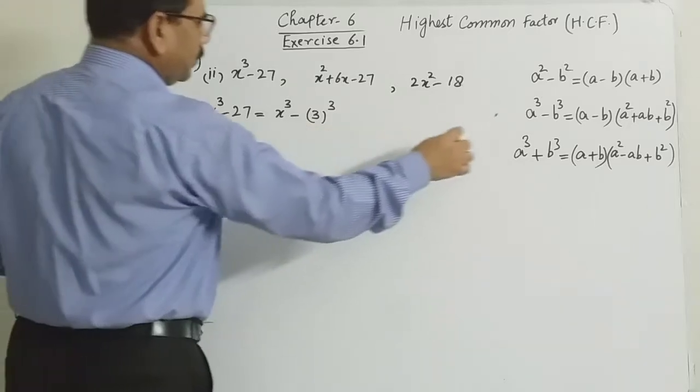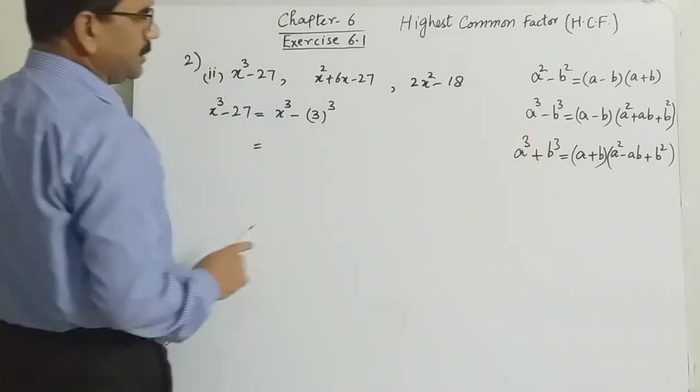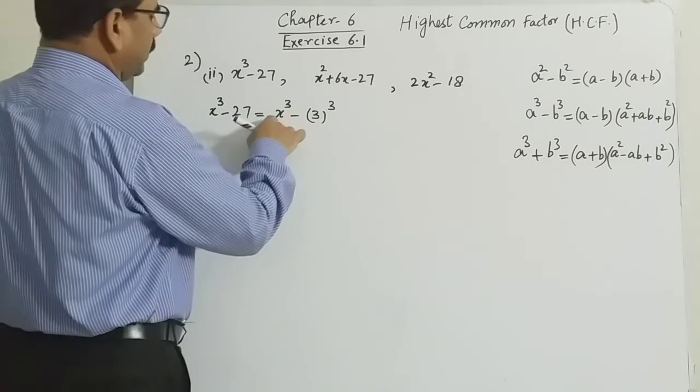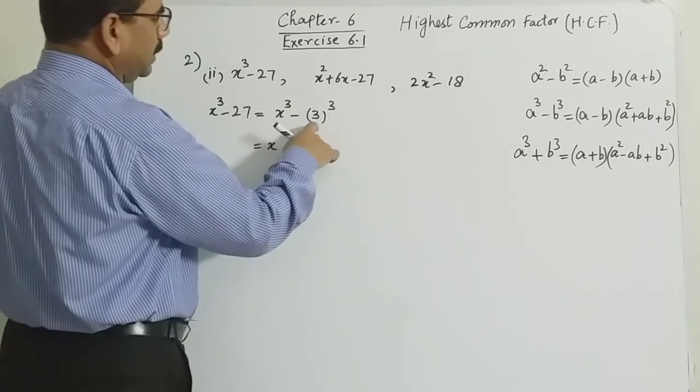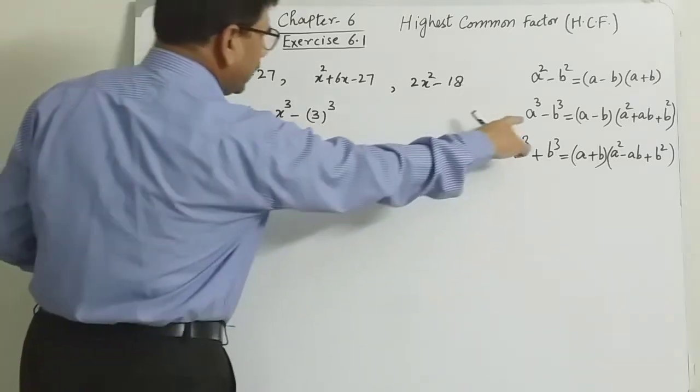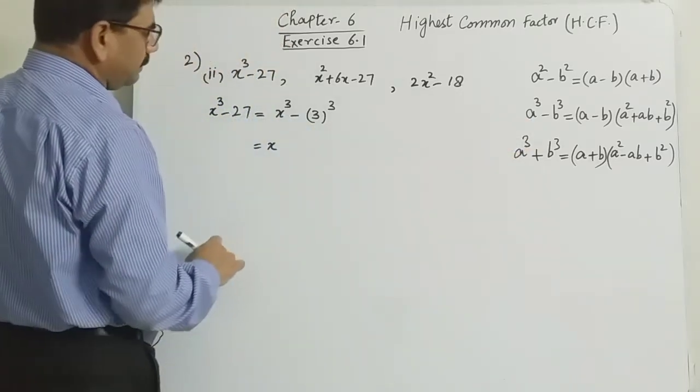It means that we will apply this formula a cube minus b cube. For a we have x, and for b we have the number 3. So x and 3 will replace a and b in that formula.